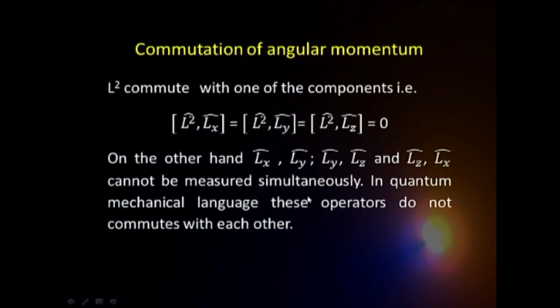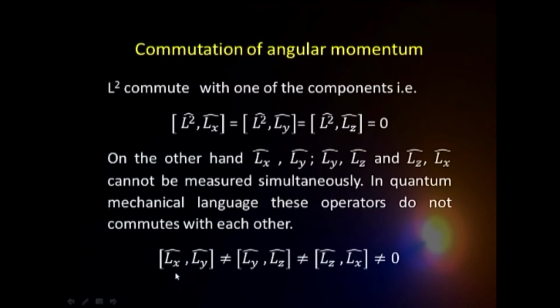We can prove this by simple algebraic expressions. It is written here that these three terms do not commute, they are not equal to 0. So, they cannot be measured simultaneously.